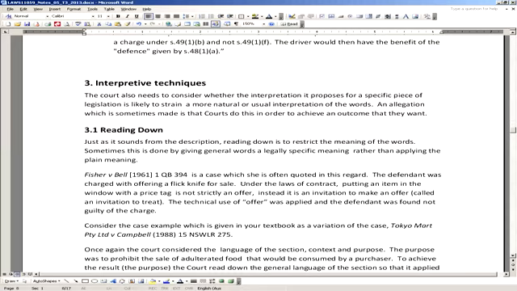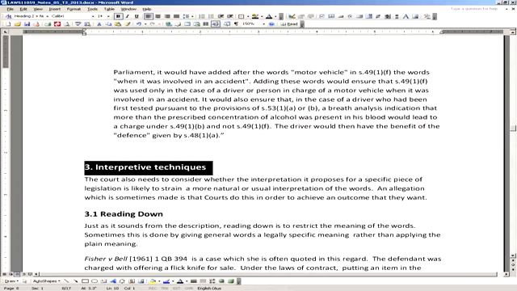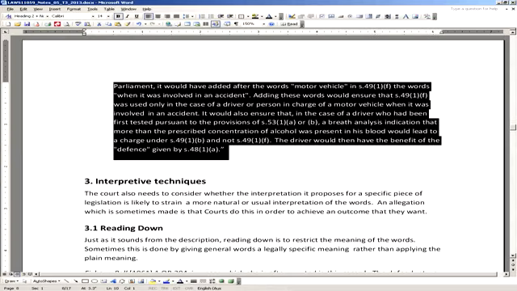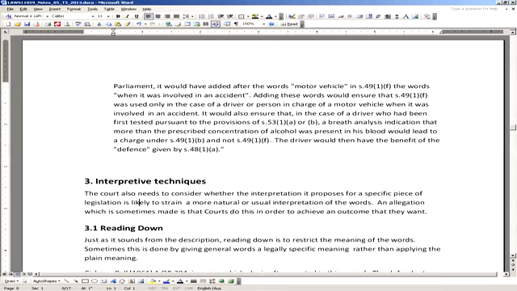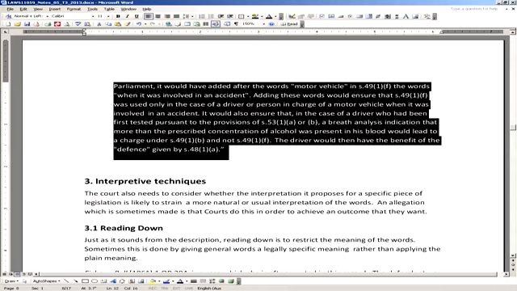Here they talk about interpretive techniques, and the court needs to consider whether the interpretation of a specific legislation is straining the natural or usual interpretation of the words. In fact, what's going on here is exactly that. It's straining the words that are really there.